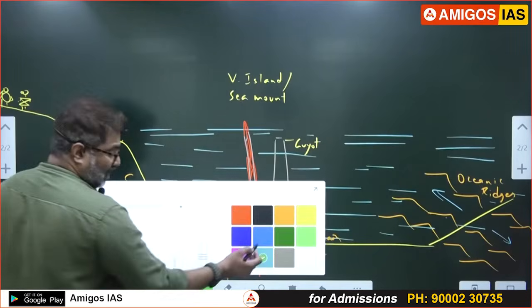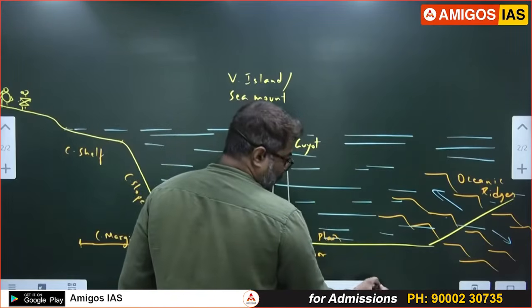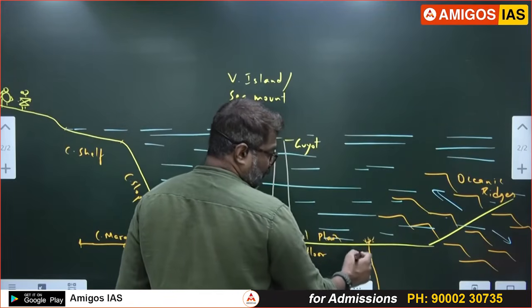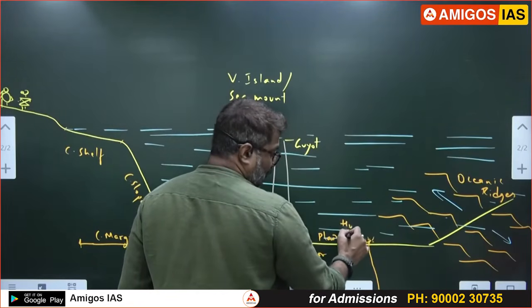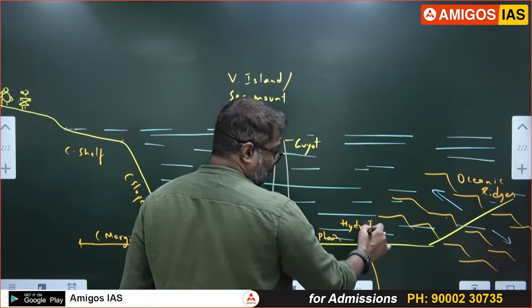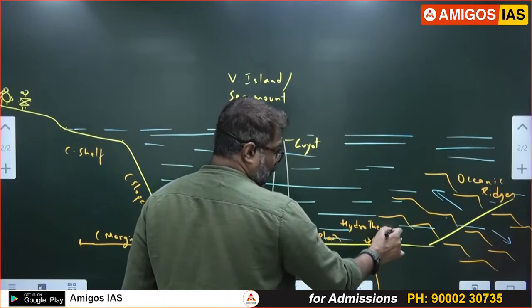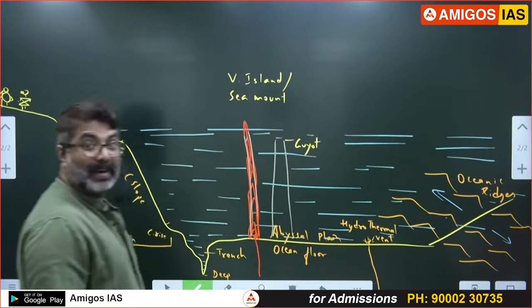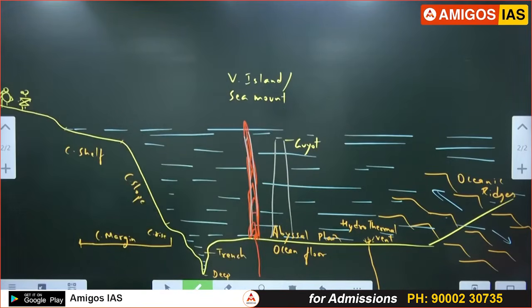Okay. In many places, the volcano, see here, magma comes up and most of the time the heat is emitted out. So it's called a hydrothermal vent. Hydrothermal vents are those spots where a large amount of heat comes out. Vent is what? Opening.